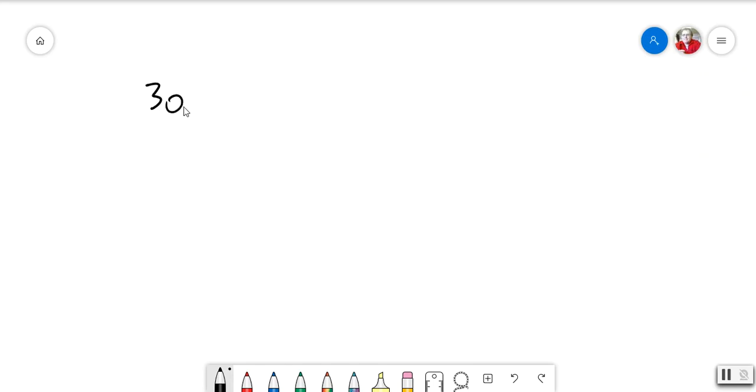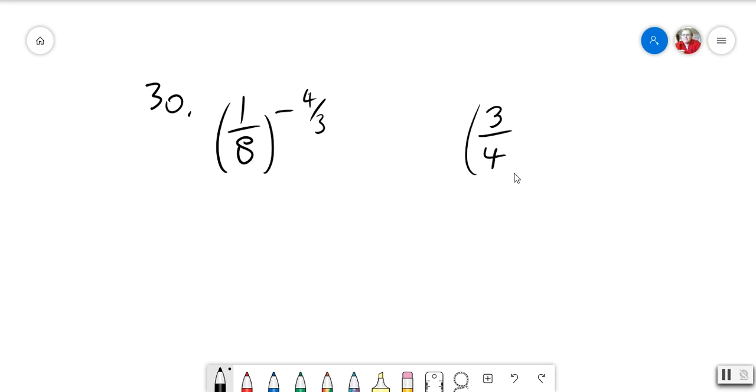So number 30, 1 over 8 to the negative 4/3. Let me make sure I copied that correctly. Yes. So when you have something, this is a totally different example. If you have a fraction to a power, the exponent goes with both.